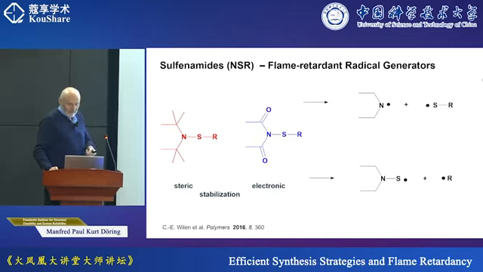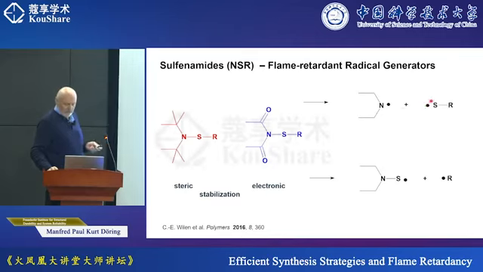The same was done, not with an oxygen group here but with sulfur groups, by Kalle from Finland. Again, he did a steric stabilization of that group as well as an electronic stabilization. Same principle. And the same reaction, now forming N radicals and RS radicals.